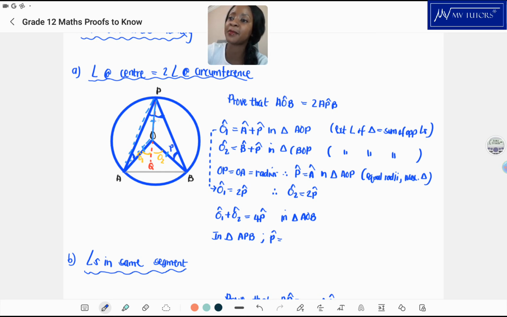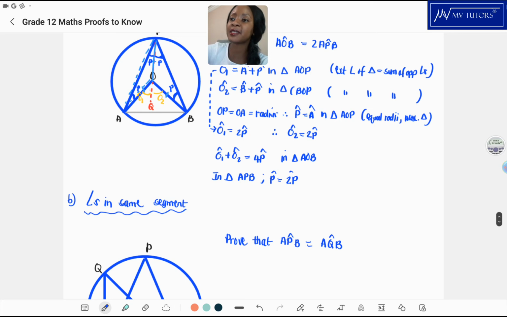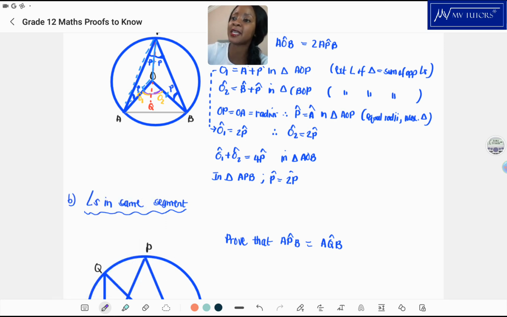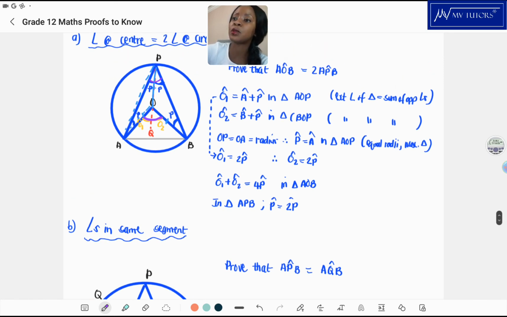I've put that as P, I've put that as P, and we said that A is equal to P here, and I've made both P. So therefore the angle at the center, O1 plus O2, is actually twice the angle P there.